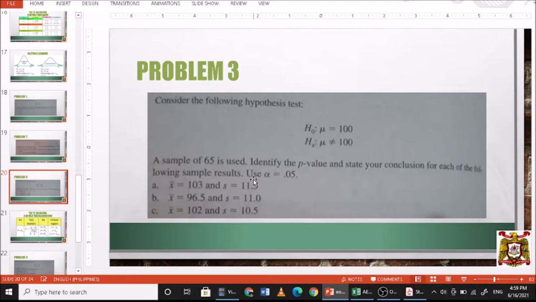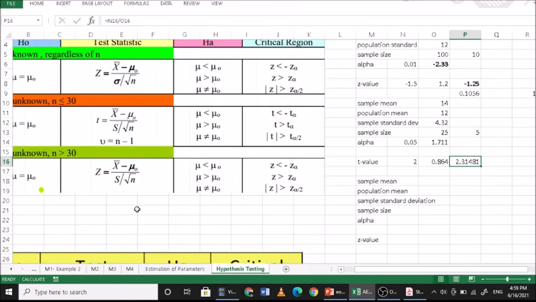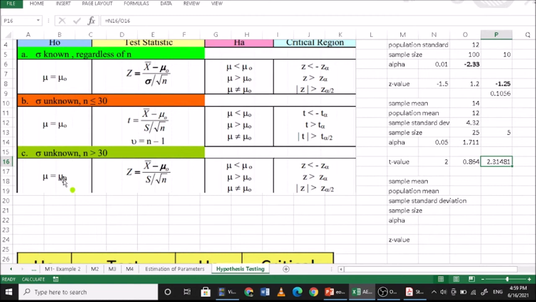Okay? So, to analyze this problem, this is a two-tailed test. The population standard deviation is unknown. A sample of 65, which is greater than 30, is used. So we are going to use test 3, and we're going to use z alpha over 2.